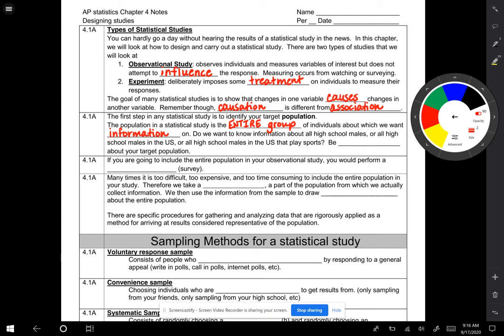So, for example, do we want to know information about all high school males or all high school males in the US or all high school males in the US that play sports?